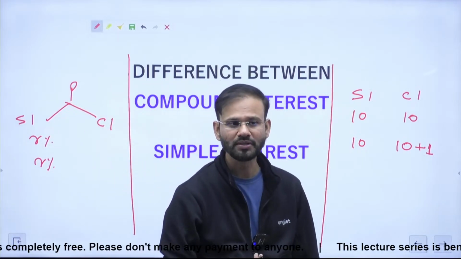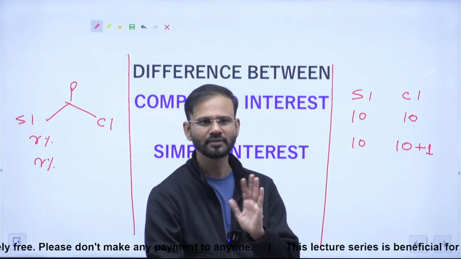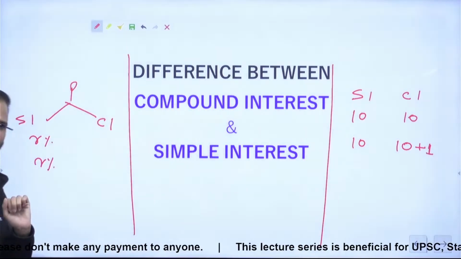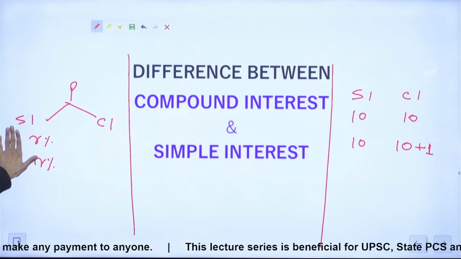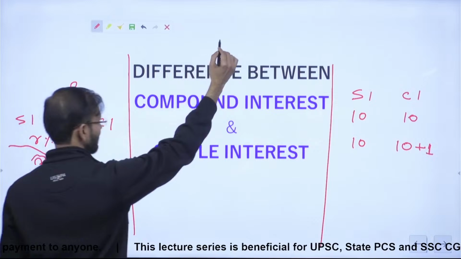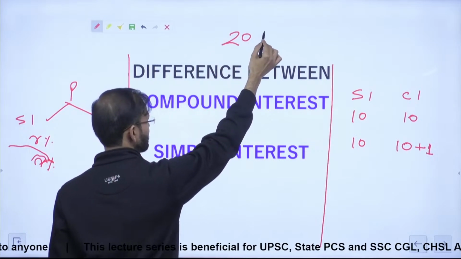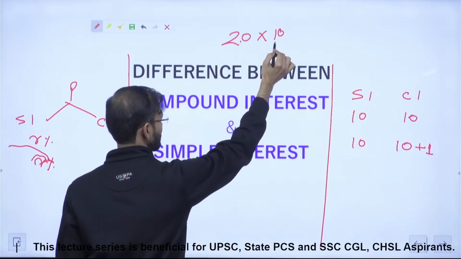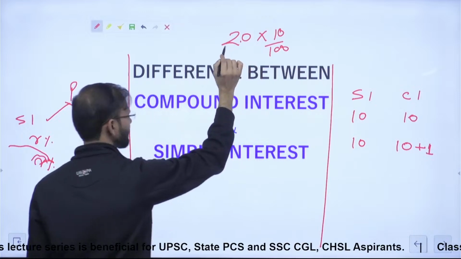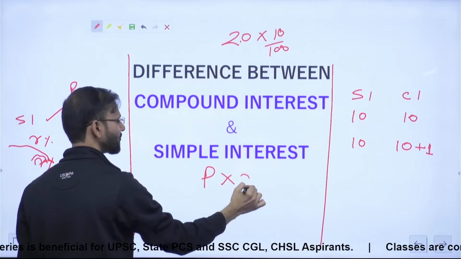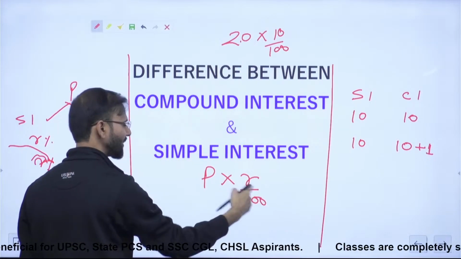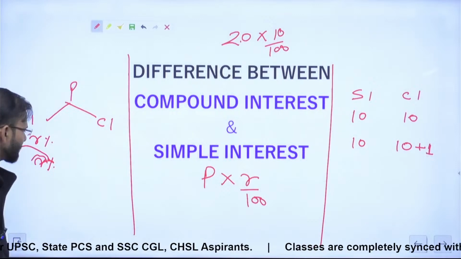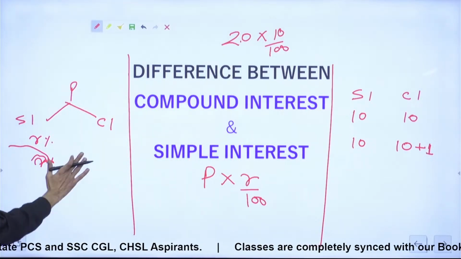Yes? यही होगा ना? If you have to calculate 10% of something, देखिए, like if you have to calculate 10% of this, so this into 10 by 100, correct? So now if I am trying to calculate R% of P, so P into R by 100 I need to do, right?